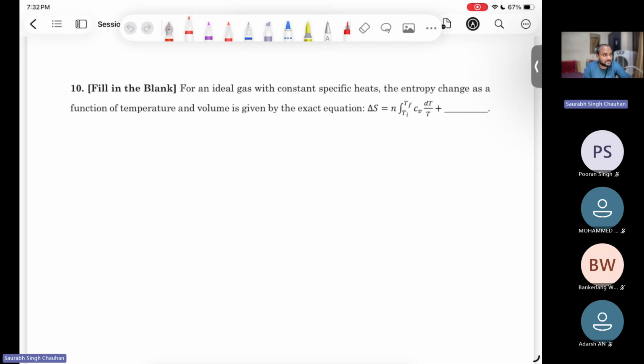Do you remember the formula? What should we fill in the blanks? Is it like VdP? We have to integrate VdP and write it.